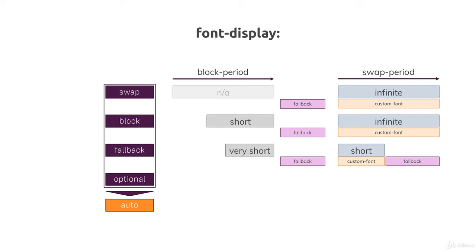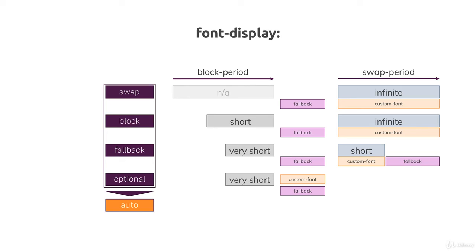Now, optional is the last value that we have. For optional, we also have a very short block period, and then this thing right here. Then we don't have a swap period because the optional value simply allows the browser to choose what it should do. And this basically depends on the internet connection speed.